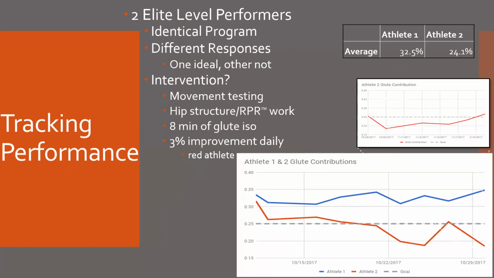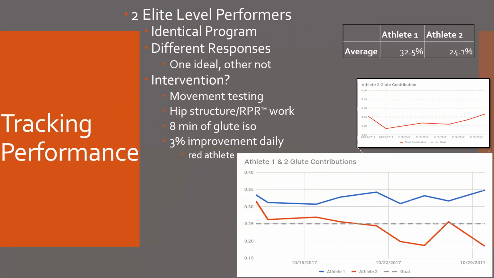So, tracking performance. This is Athos again and what we're seeing. The blue line is one of our high performers. If the glute is above 25% contribution, and this is including glute, hamstring, outside quad, and inside quad, then we're going to consider them to be a high performer. So this athlete in the blue consistently remains high, still working up between 30 and 35%.